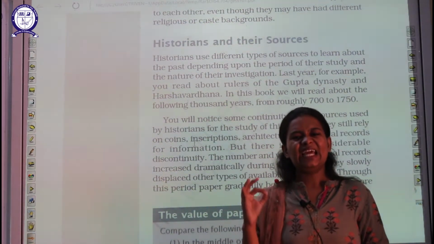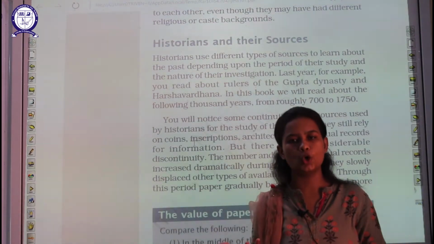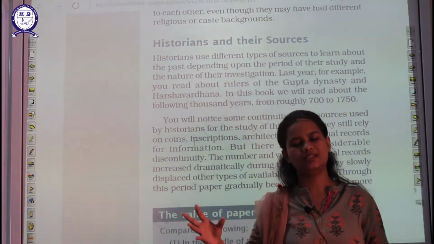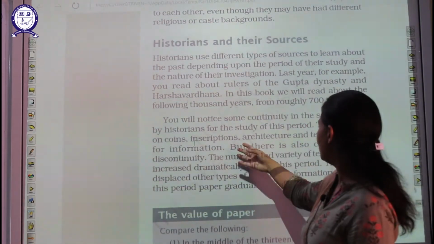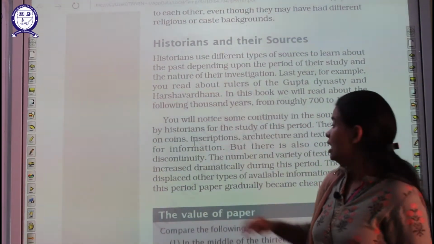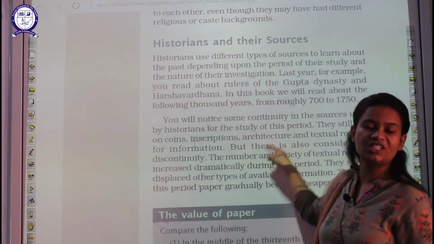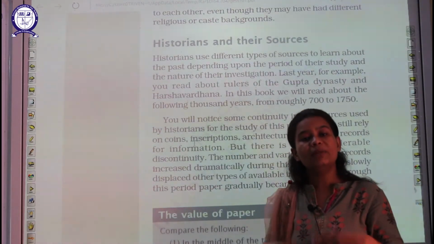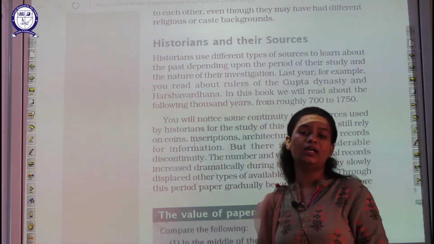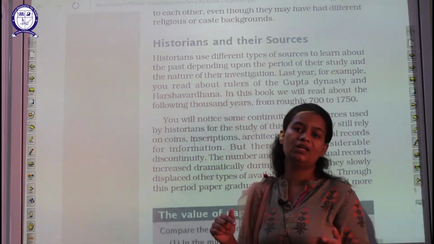When anything is written on a hard surface, for example stone, that particular writing is called an inscription. So these all are sources: coins, inscriptions, architecture. What do you mean by architecture? Building designing. Building designs also tell us whether people were living in cemented houses, or what kind of houses people were living in.